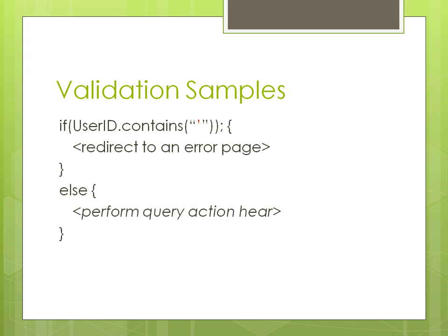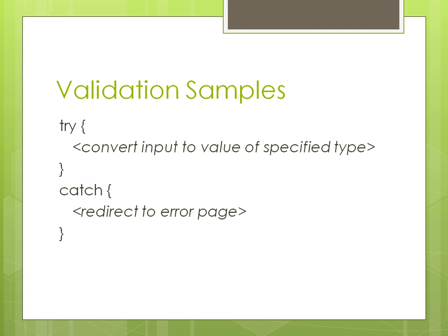We can see if the field input contains a single quote, redirect them to an error page. Otherwise, perform the action. As I said earlier, this might not be the best technique. Here's a try-catch bit of coding that verifies field data types.